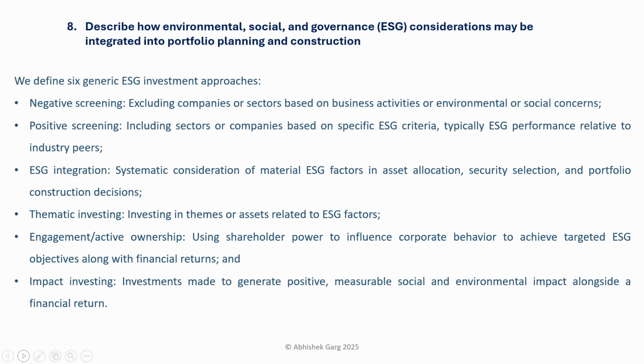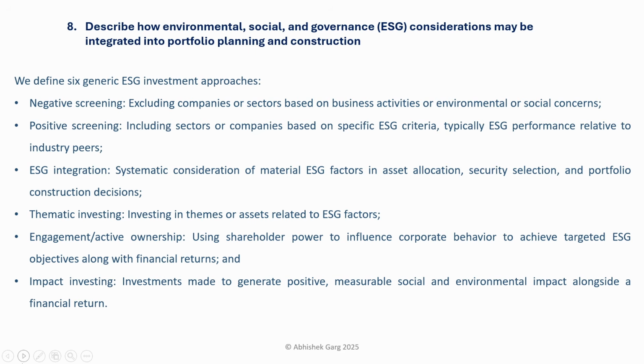Then comes thematic investing. In this case, you are basically investing in particular themes related to the ESG factors. Then comes engagement or active ownership. In this case, you use your shareholder power to influence corporate behavior to achieve your ESG objectives. Then comes impact investing.